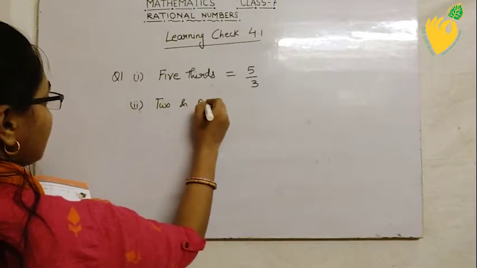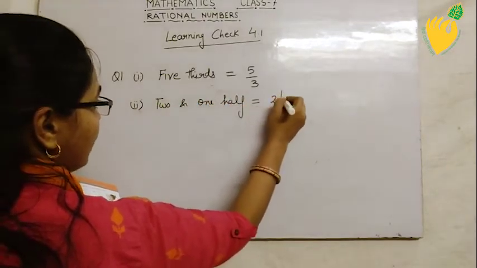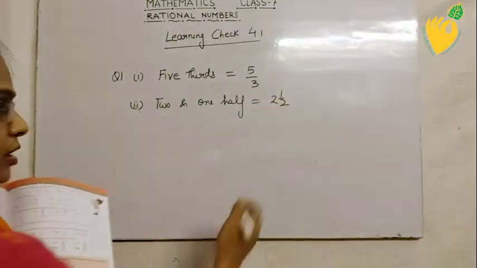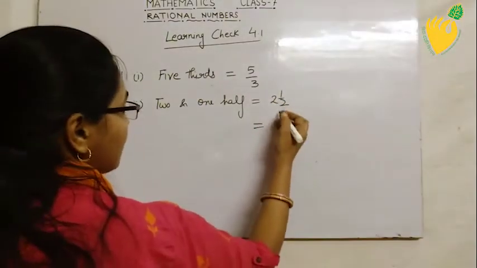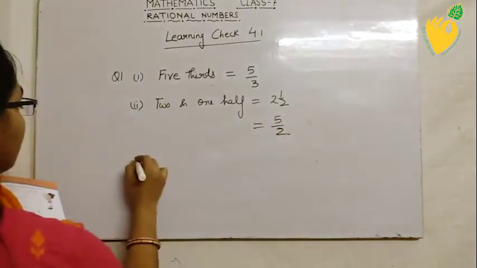The next one is 2 and 1/2. That is 2 and 1/2. This is a mixed fraction. Further you can write 5 upon 2.